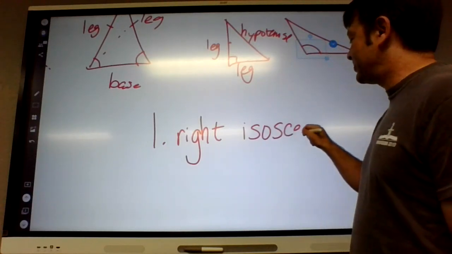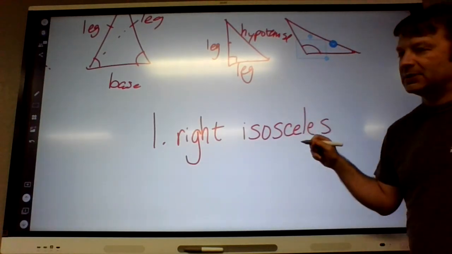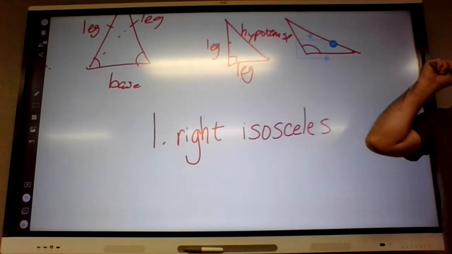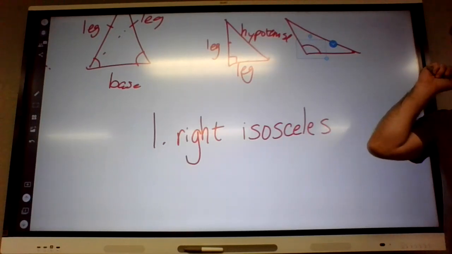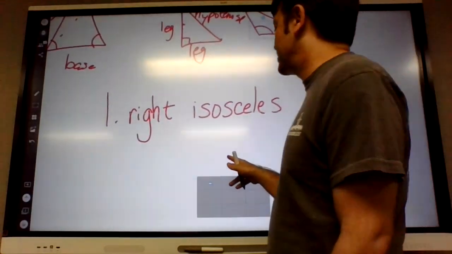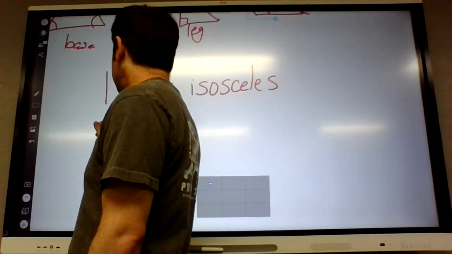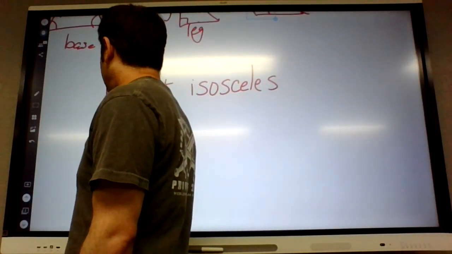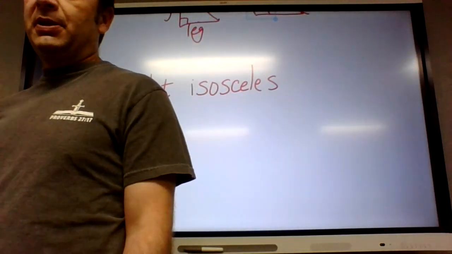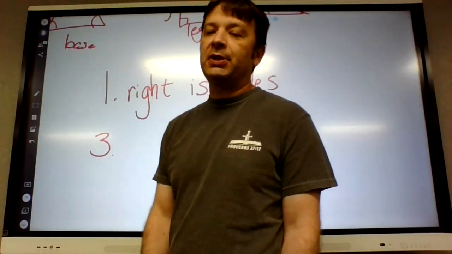If you have to look this up, this was like the first lesson in the chapter. It's probably like 30, 40 pages ago. But it has all that stuff in there.